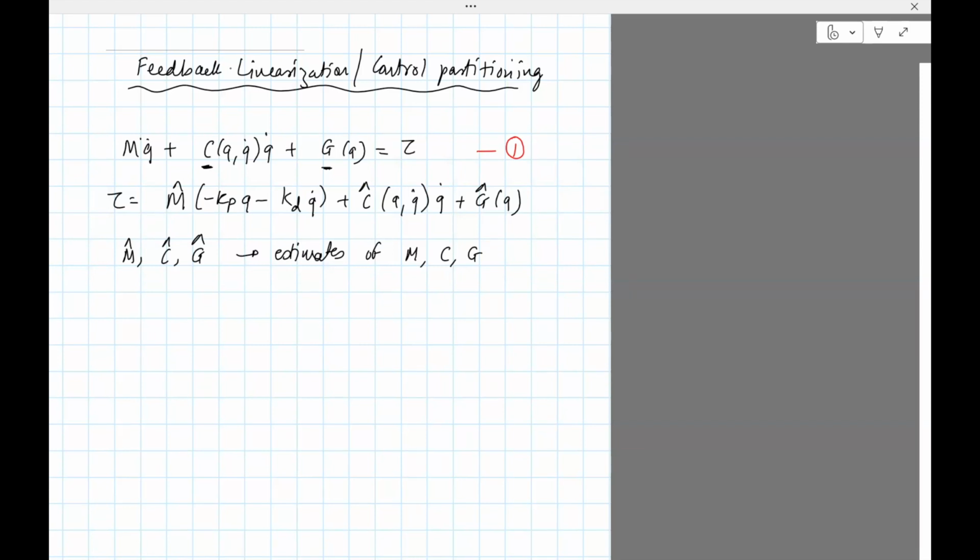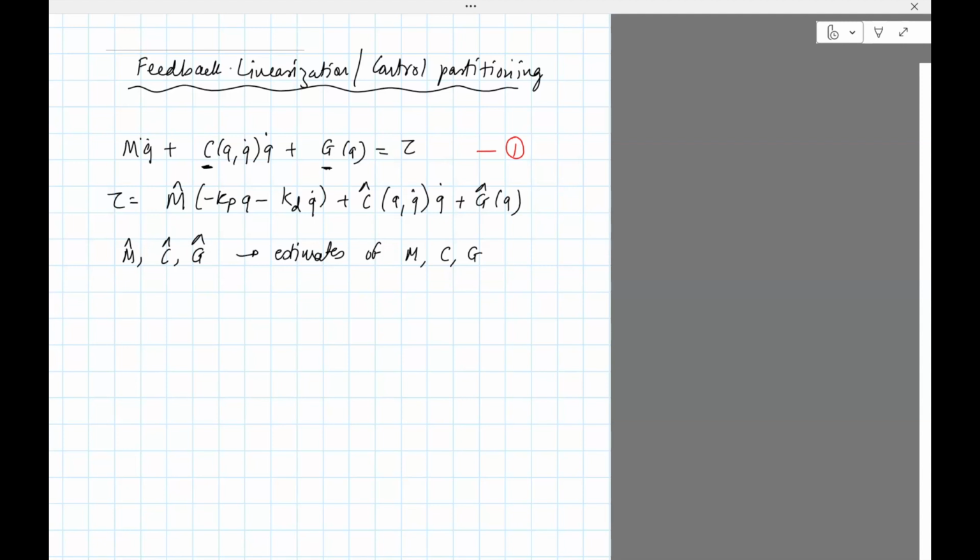When a manipulator is available to you, let's say you buy it, you're not sure of these parameters. They're in the spec sheet, but the actual values may be different from the physical values. So you need to estimate the values. So those are the estimates. You will probably not be fully right, but you can be close.